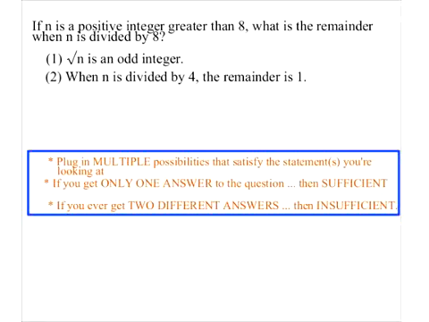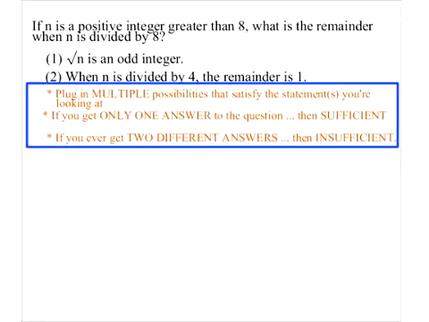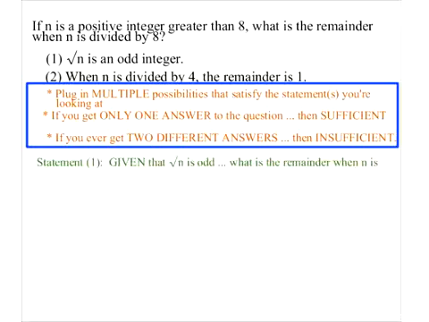For statement 1, the statement says square root n is an odd integer. Let's check that out. Given that square root n is odd, what is the remainder when n is divided by 8?